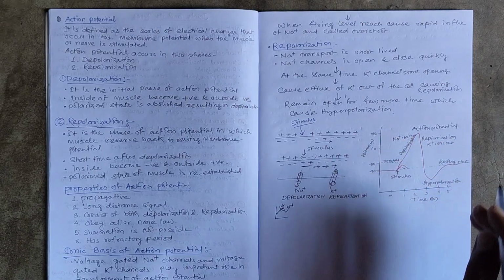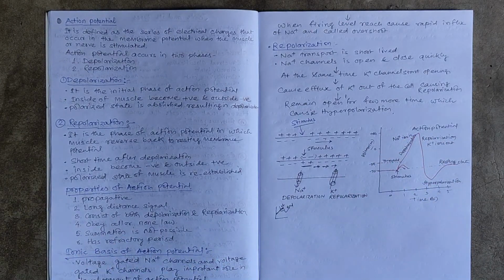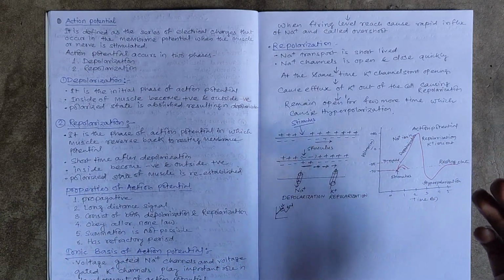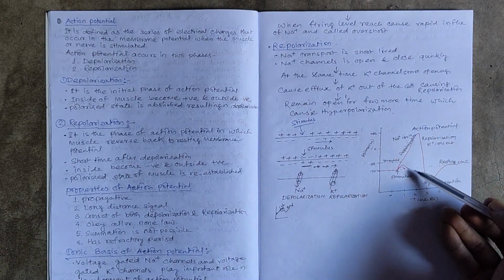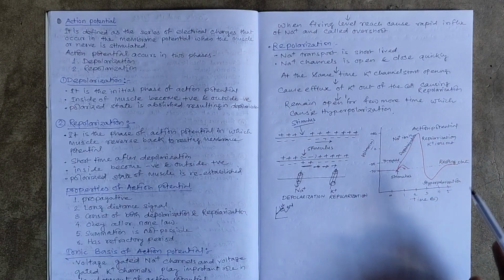At that moment, when sodium channels stop and no sodium is coming inside, what happens? The sodium channel becomes closed and depolarization is stopped. The sodium channel is closed and the potassium channel is opened, then repolarization occurs.